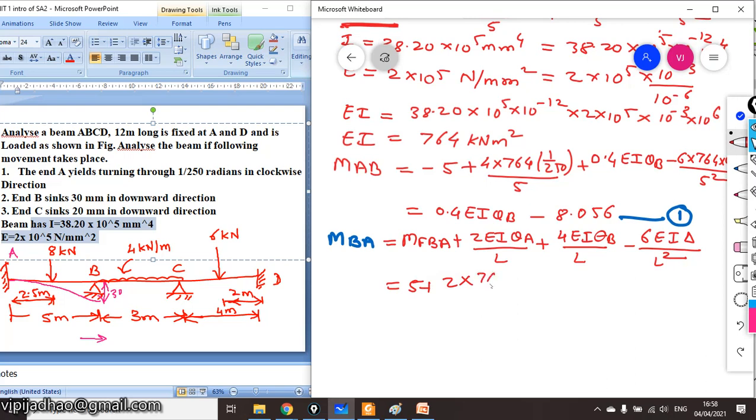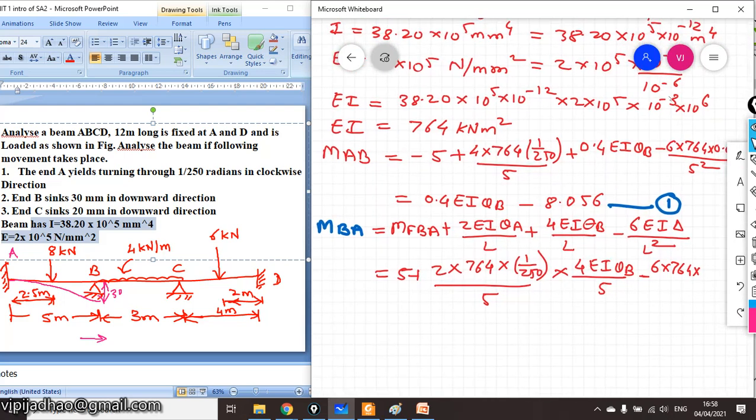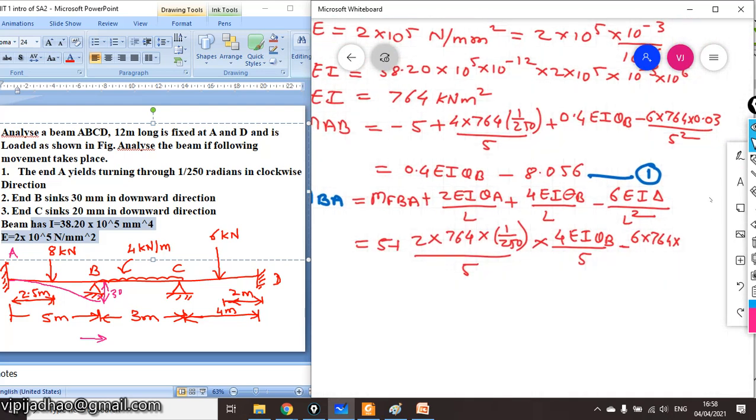EI is 764 multiplied by theta A is 1 by 250 radians divided by L is 5 meter plus 4 EI theta B divided by L is again 5 meter minus 6 again 764 into 0.03 divided by 5 square.